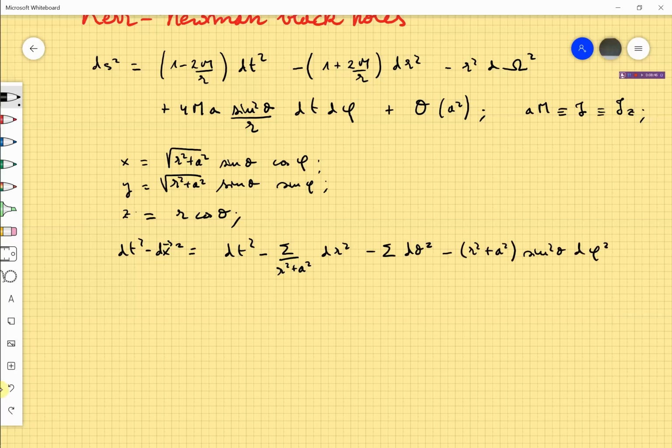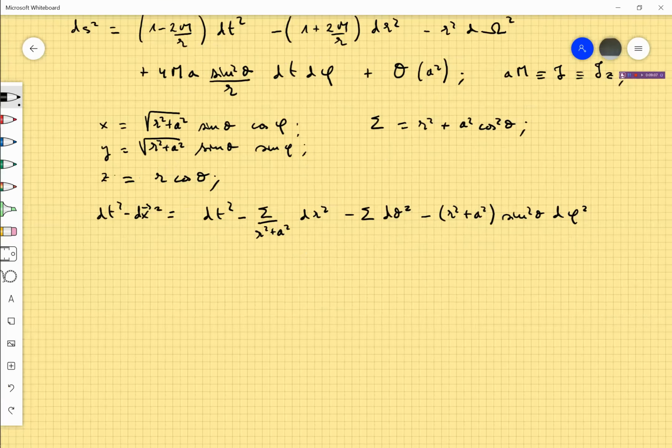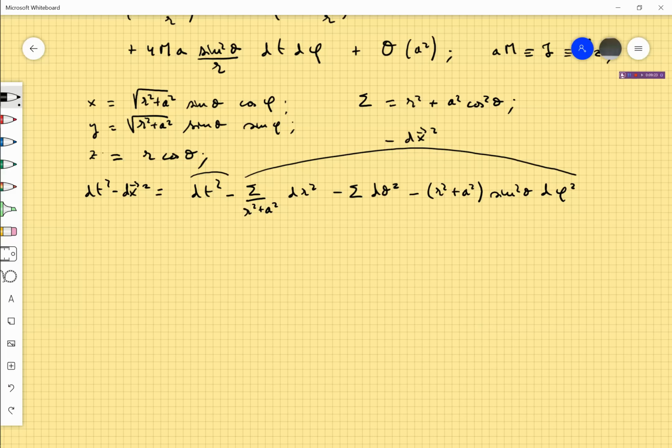Here sigma is r squared plus a squared cosine squared theta. And you have to be aware that if you look in different references, sigma will be a completely different combination of r, sine theta or cosine theta, and a. But you have dt squared, and the rest is just the minus dx squared within these coordinates, which probably are strange to you because you have probably never used them.